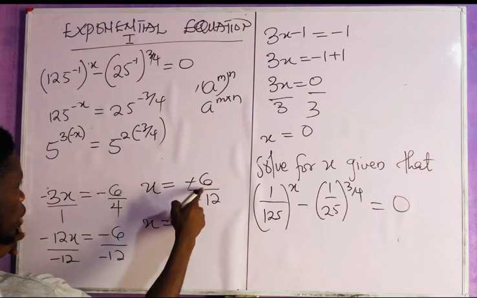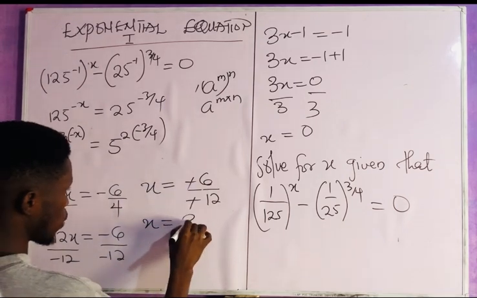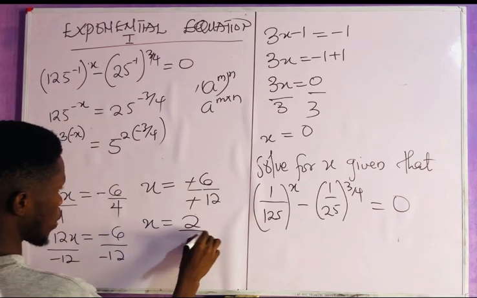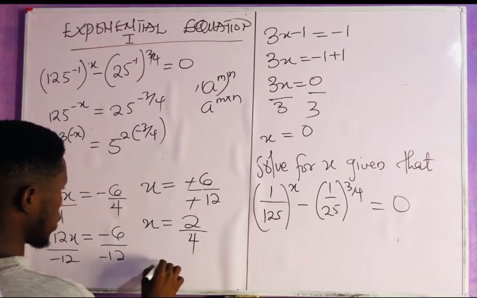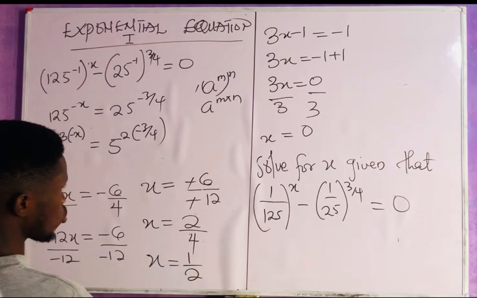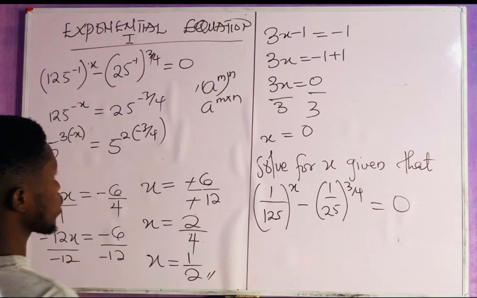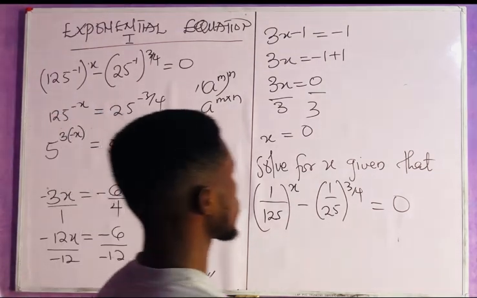This will cancel that 6, 3 can go here 2 times and go to this 4 times. Okay, so 2 goes here, 1 goes to this 2. So this is our x, and this is very simple. So try this.